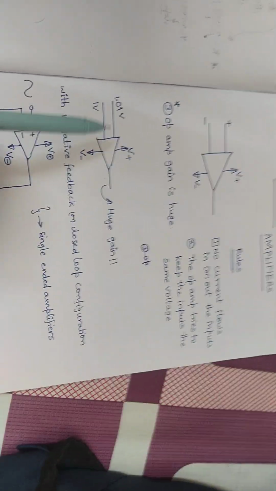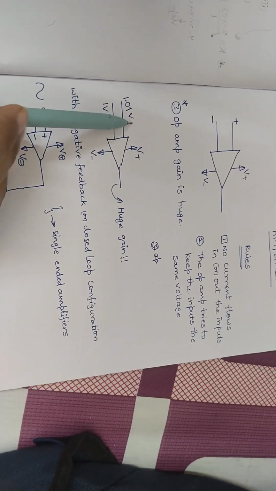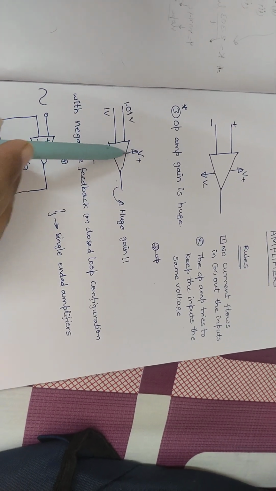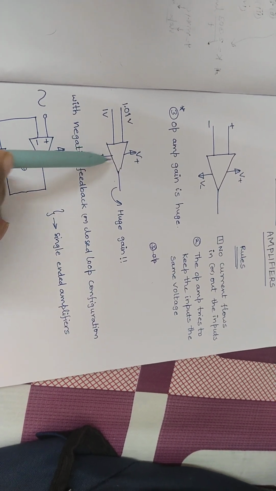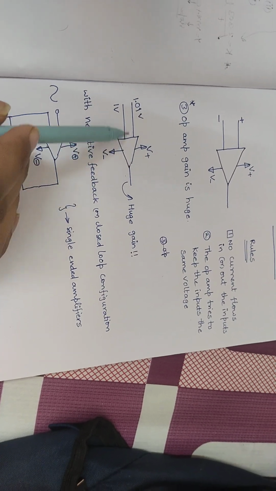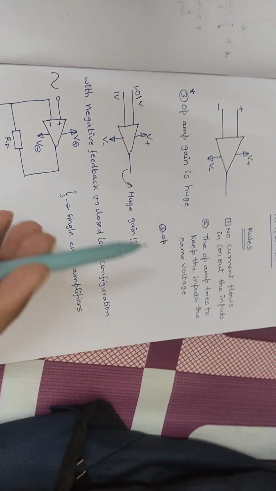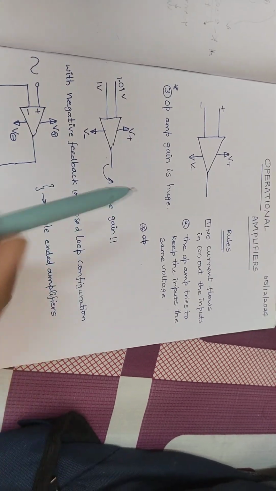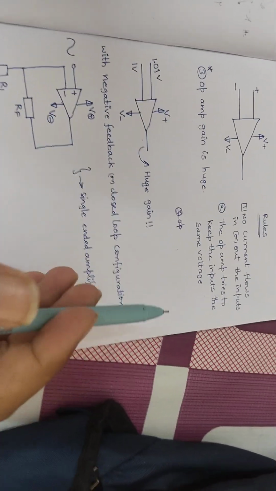Suppose the non-inverting terminal has 1.01 volts and the inverting terminal has 1 volt. With the very huge internal voltage gain, the output is going to be very huge, hundreds or thousands or even millions. But the circuit is only capable of some 5, 10, 15 volts.